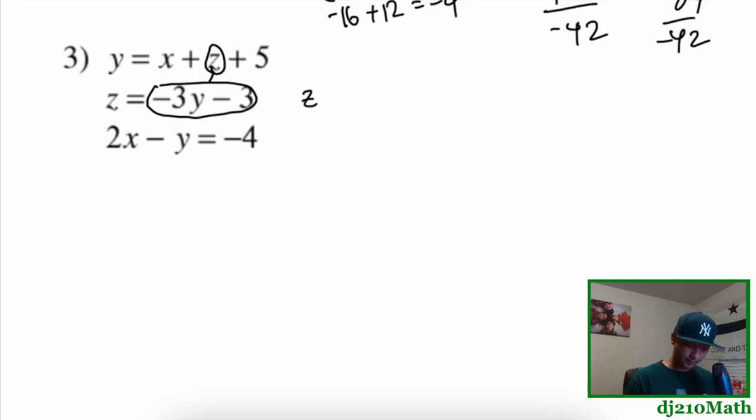So y is equal to x plus z, which in this case is negative 3y minus 3 plus 5. Right, all we did was substitute this in for z.